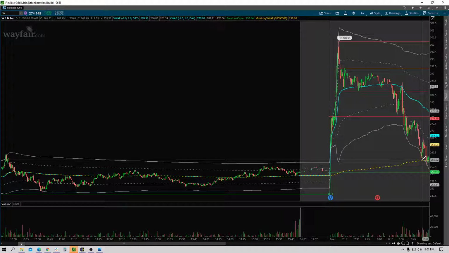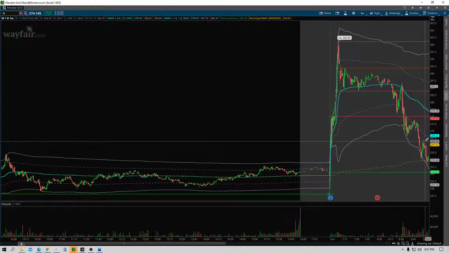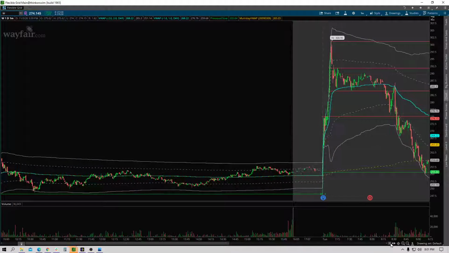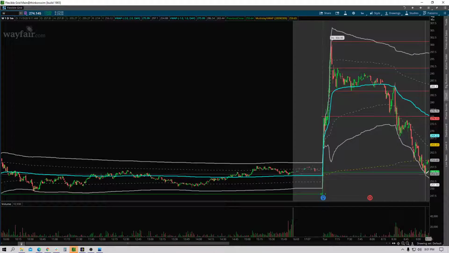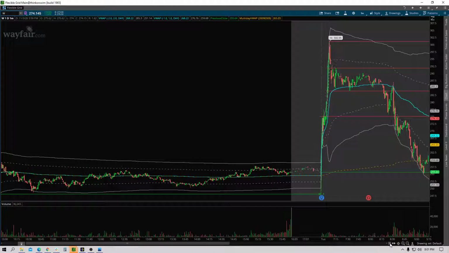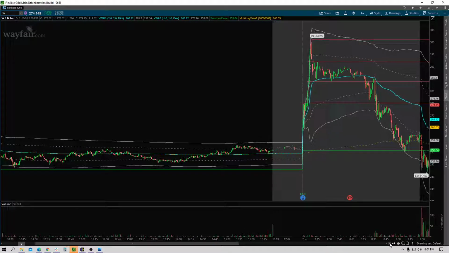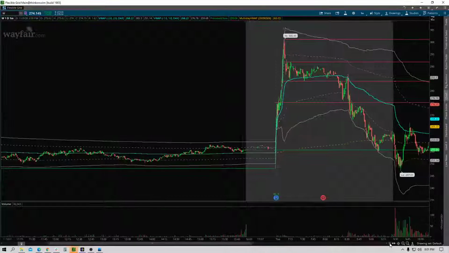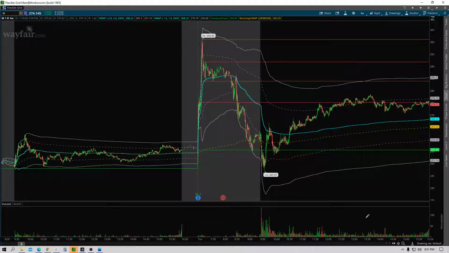It comes back down to the multi-day, nearly hits it on the dot, bounces, retest, fail. You see here, it almost went red. It did for a slight few cents. It bounces, and then again fails.